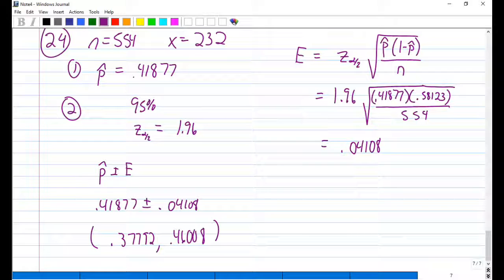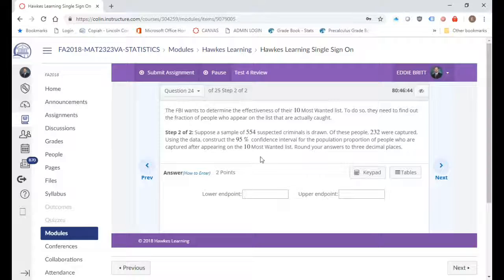And let's see what it wants us to round to. It says to round to 3 decimal places. So the lower end, I'm going to get 0.378 if I round that to 3 decimal places. And on the upper end point, I'm going to get 0.460.